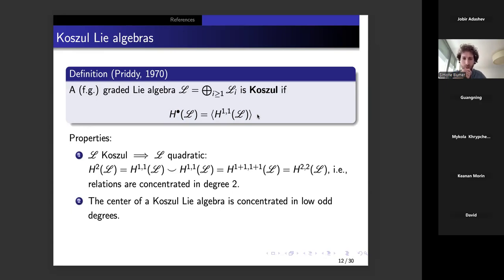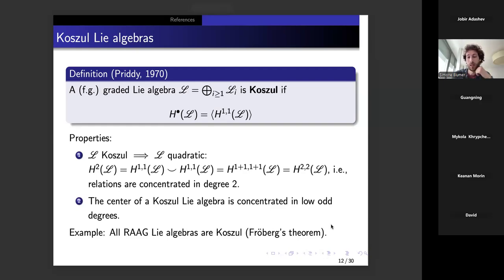In fact, I wanted to prove that the center of a Koszul Lie algebra is always concentrated in degree 1, but I couldn't, and I also couldn't find any counterexample, so the problem is still open. But anyway, I could prove that the center is quite small and concentrated in low odd degrees. By low, I mean less than half of the cohomological dimension of the Lie algebra. But anyway, I will not use this fact here.